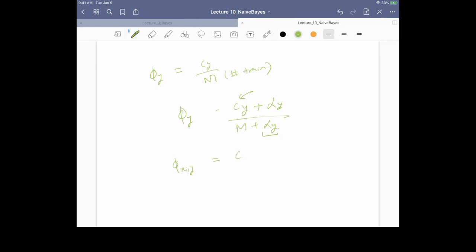This term is nothing but the count of xi comma y plus alpha y, divided by C of y plus alpha y. C of y may not be 0, but if the count of xi comma y is 0, then I still have this alpha y, which is the prior. Alpha y will typically be small, for example 1 or 2. So I'm doing a kind of smoothing: I'm not setting the parameter phi of xi comma y to be 0, but to the count of xi comma y plus alpha y divided by C of y plus alpha y.